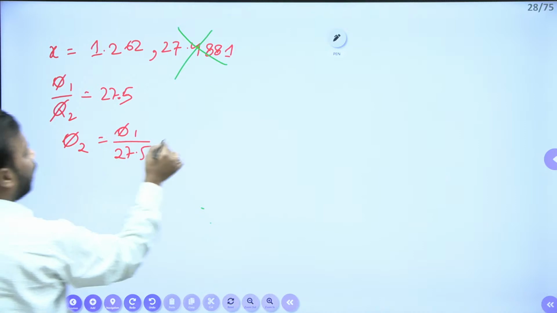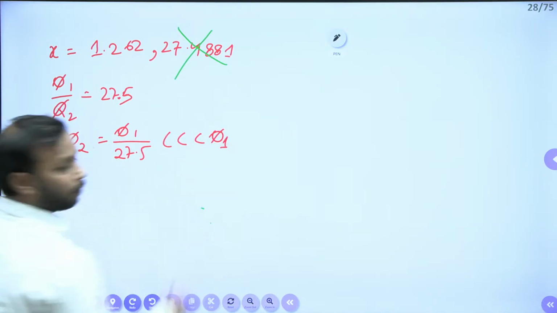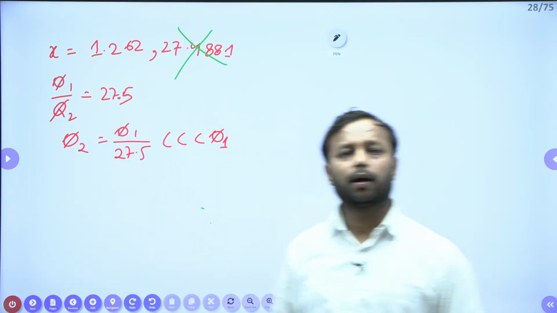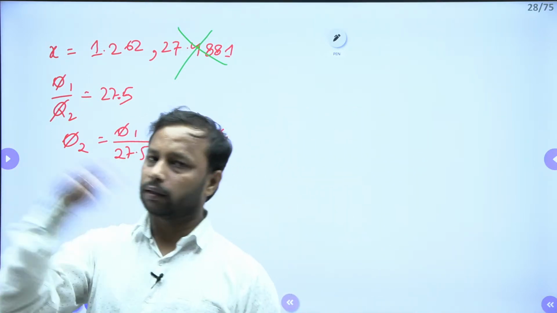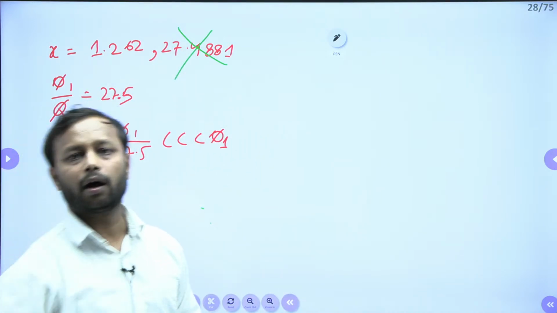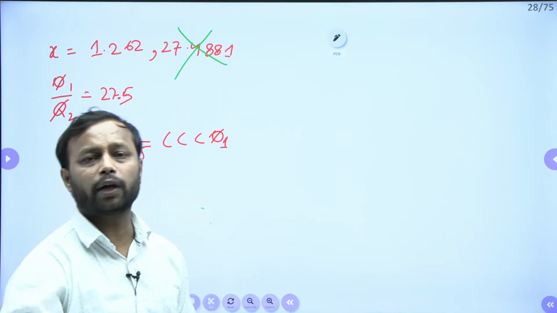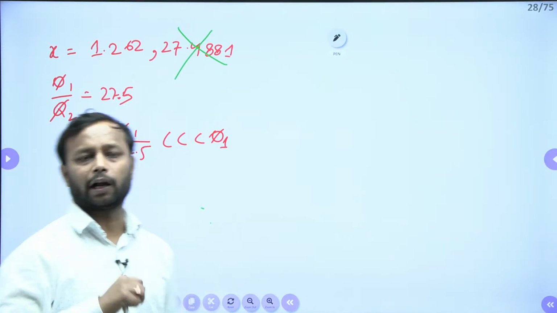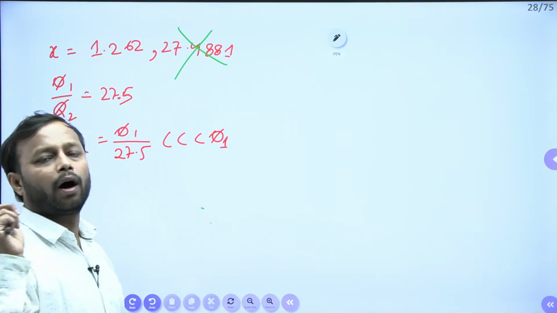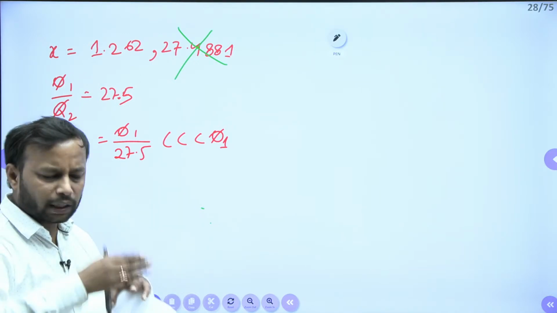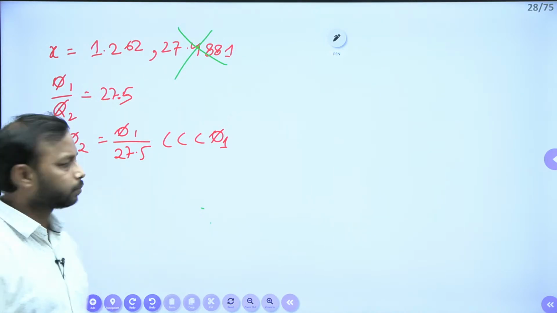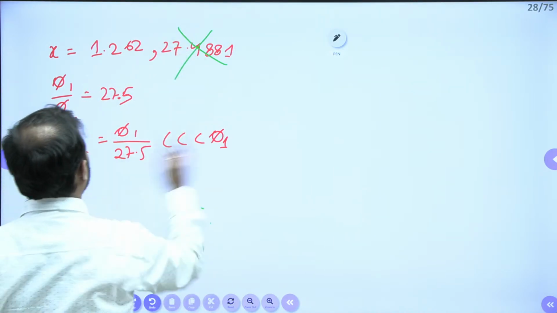So this value is very much less than phi1. If so, then your speed has to be very high. If earlier it was 800, then for this x you would have like 2000 or 2500 RPM. But this is not given in the question. It is given as 1000 RPM, so it has increased by only 200 RPM. All right. So this is the reason why this is not possible. Let me rub this part.